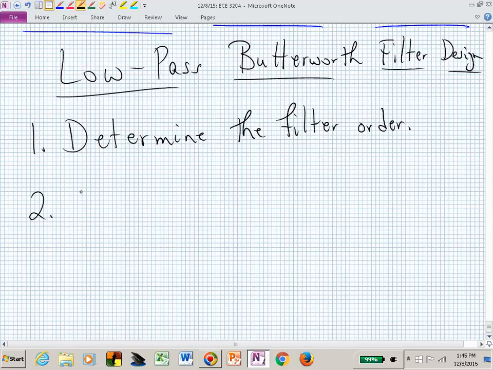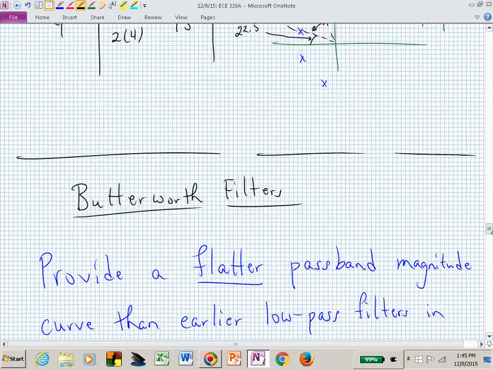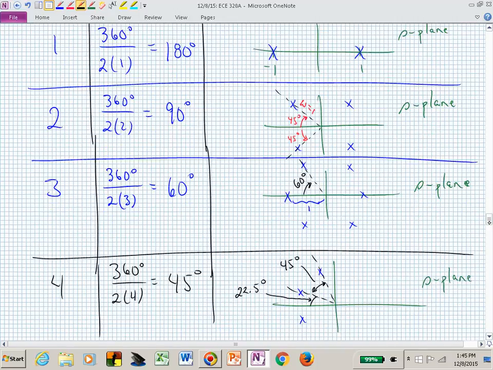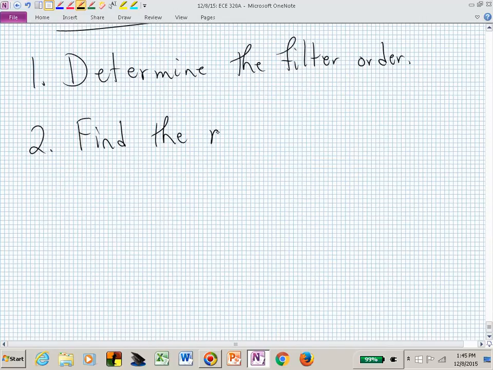Then what you need to do is find the poles. But you now know for a second order where the poles are. In a normalized design, you know they are at this 45-degree angle. They're at minus 1 over the square root of 2 plus and minus j, the 1 over the square root of 2. So now you find the normalized denominator.